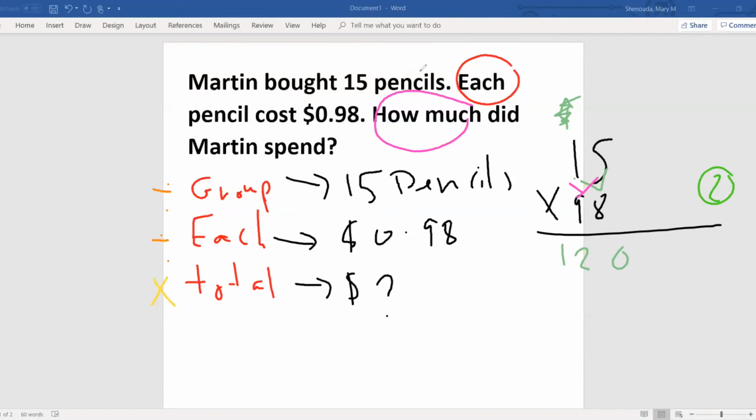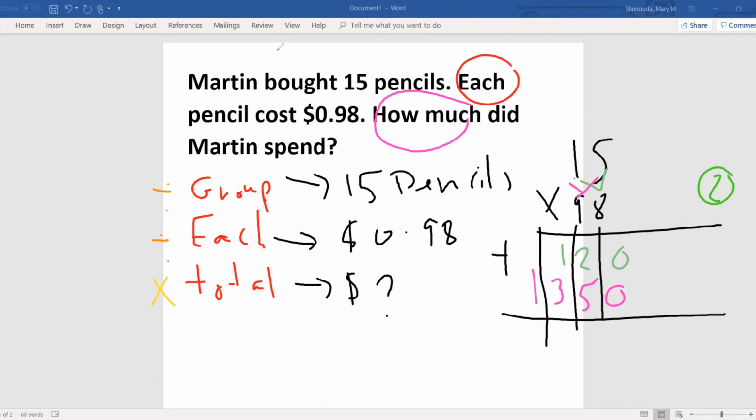But before I do this, I must add a placeholder, and then I could start multiplying the second number. So 9 times 5 is 45, that's 5, and we carry the 4. 9 times 1 is 9, plus 4, that's 13. So 3 and 1, and then I can erase the 4. But now you can see why it's important to scratch the numbers you use, because then you don't get confused.